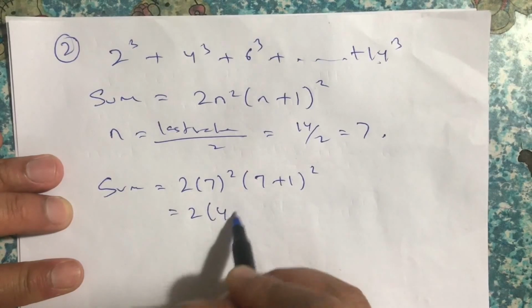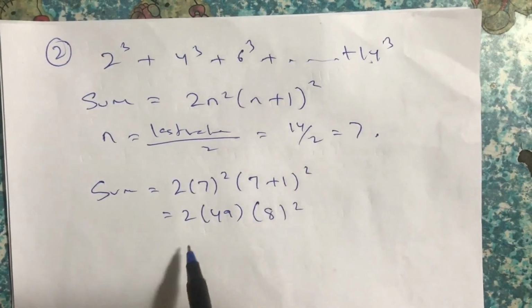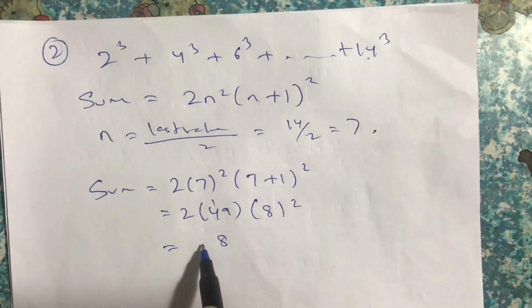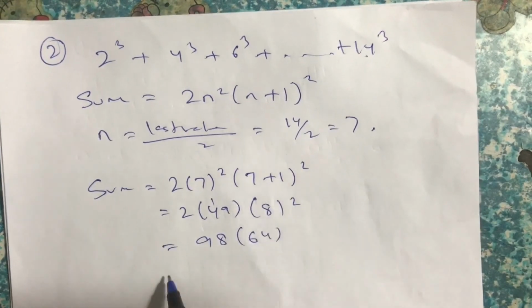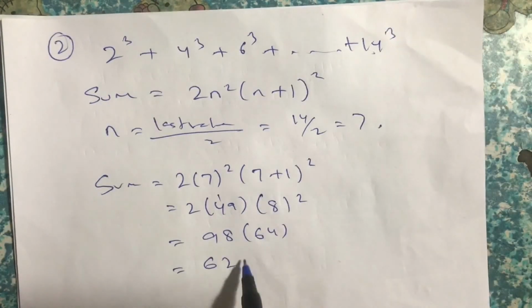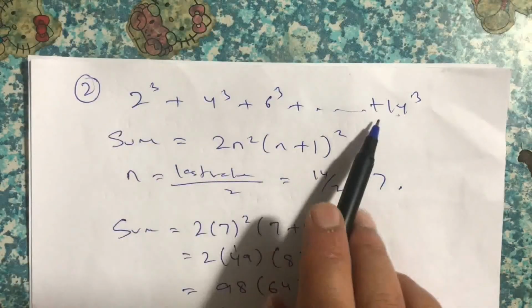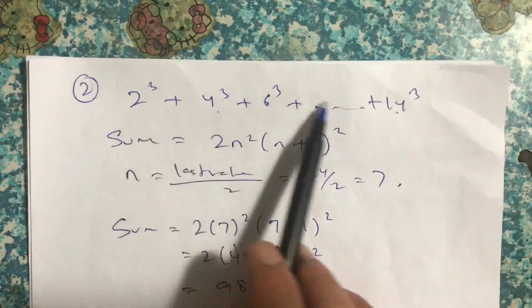So we get 2 into 49, which is 98, and then 8 squared, which is 64. When I multiply 98 into 64 in the rough, it comes out to be 6272. That's the answer for the sum of this series, which is all even but has a cube.